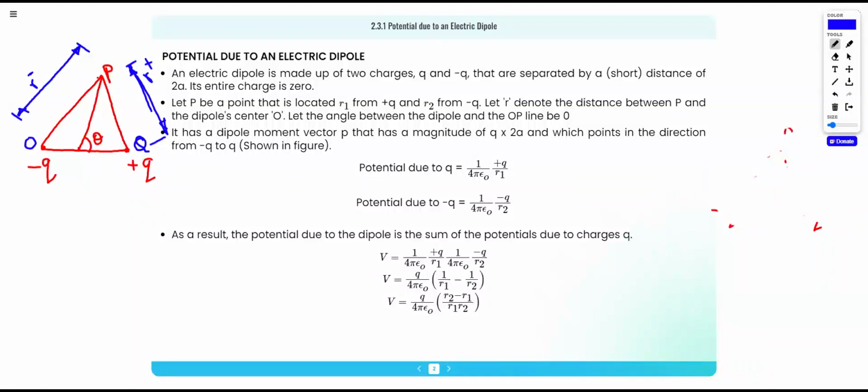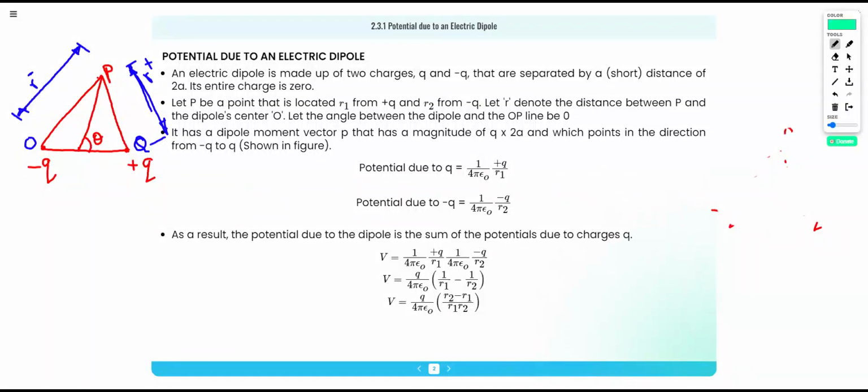Now, this part is greater than this part. By what factor will it be greater? For that I'll give you one hack. I'll shift this line here.